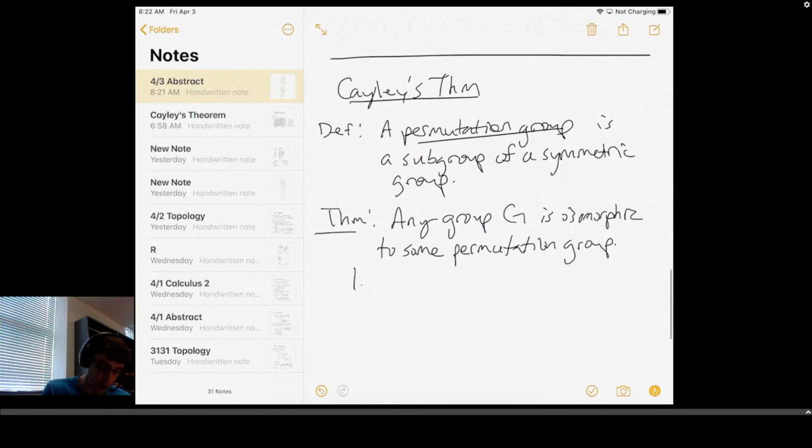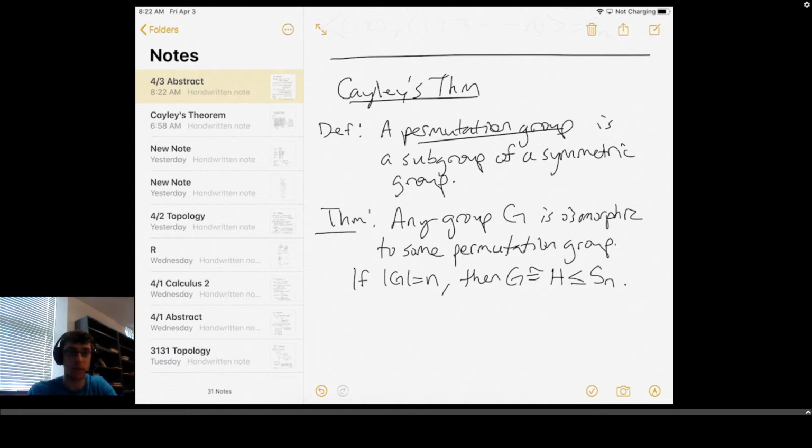And in particular, if it's of finite order, then G is isomorphic to some subgroup of specifically Sn, where n is the order of G. And the way you want to think of that, and what I was trying to illustrate through this example that we'll talk through here in a second with D3, is that the group can act on itself, right? So the idea is left multiplication.